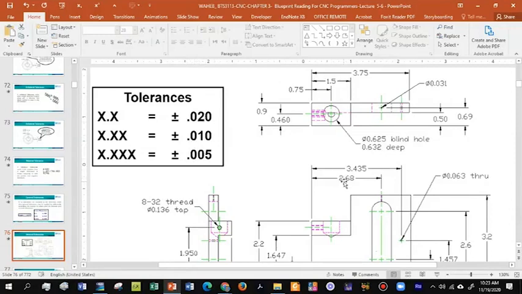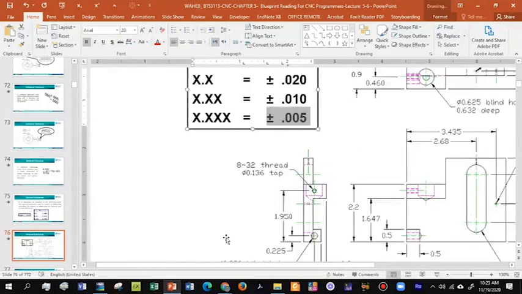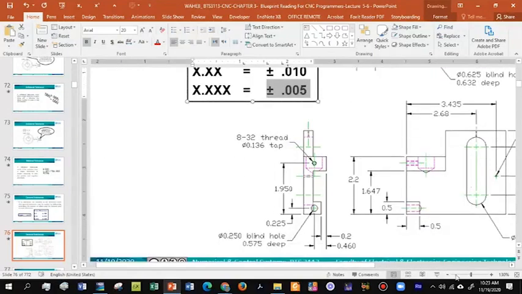If you have this 2.68, directly you are going to apply this tolerance. If you have this 3.435, directly you are going to apply this tolerance. That means it will allow plus 0.005 minus 0.005 and so on. For each angle that you have, you are going to apply the angle tolerance that will be provided as a general tolerance.